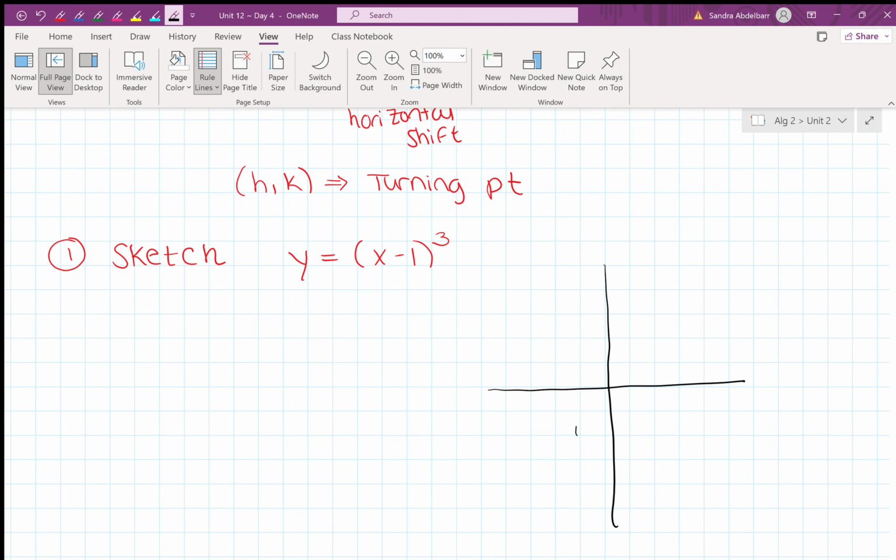So if we were talking about the parent function, it would be our traditional disco dancer x cubed, right? But now I'm shifting this disco dancer where? 1 unit to the right. I'm shifting 1 unit to the right.